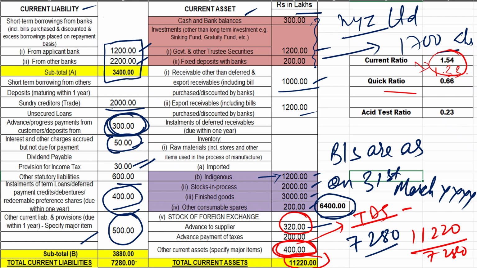Now comes the quick ratio. In quick ratio, in the numerator we deduct this portion.